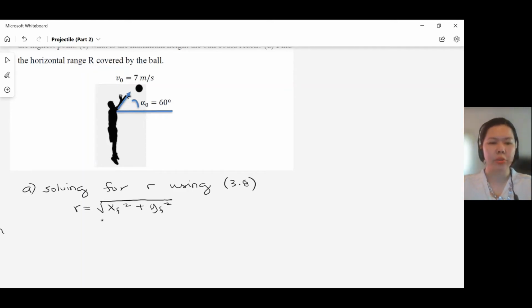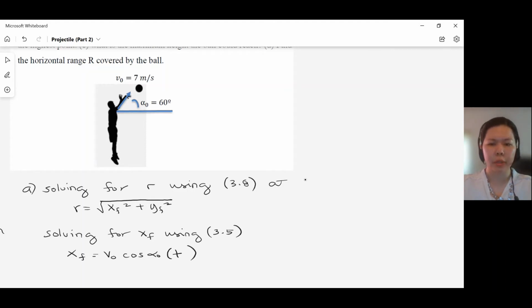Again, we see that we need to solve for xf and yf in order to get r. So solving for xf using equation 3.5, xf is equal to v naught cosine alpha naught times time.